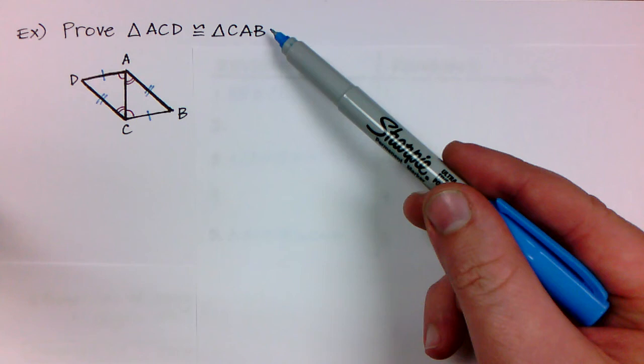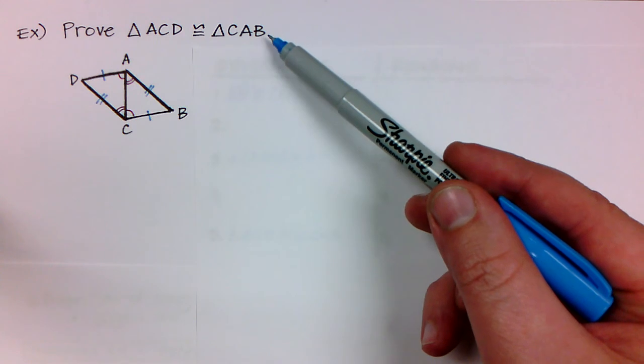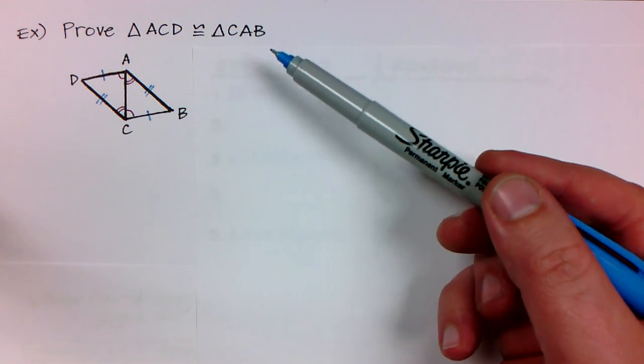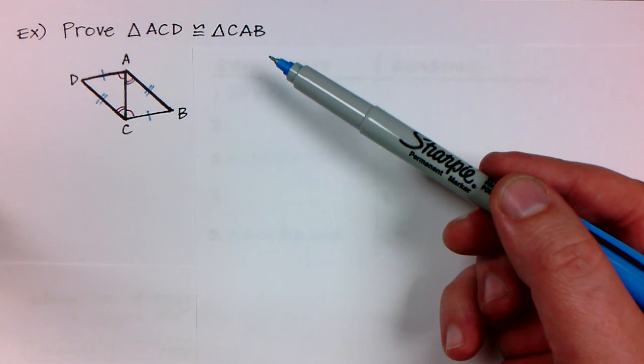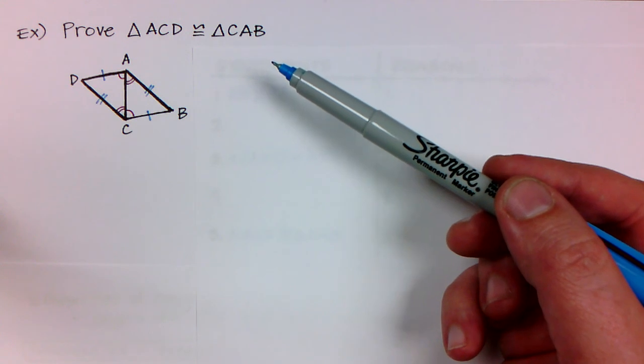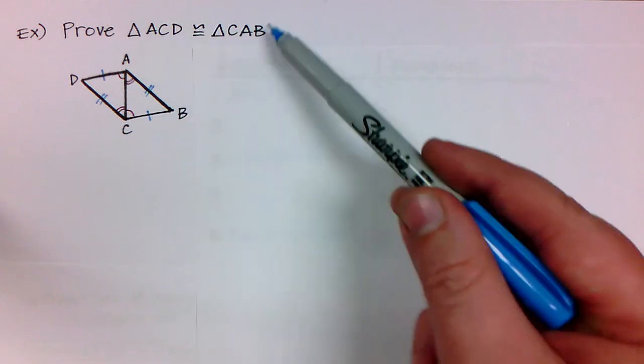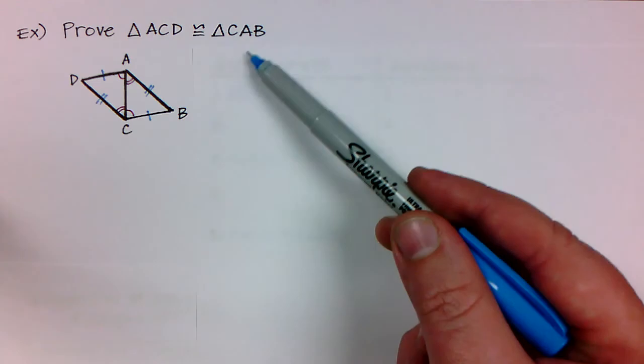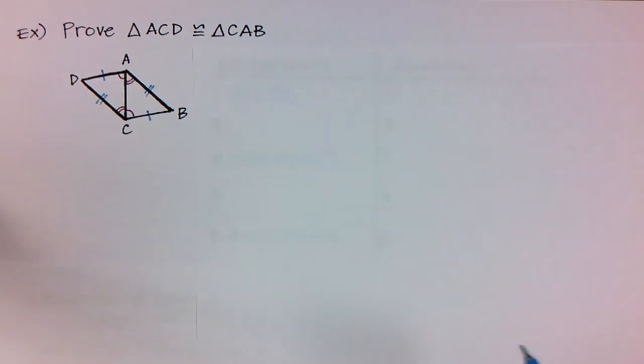That's the only information that I'm given to hopefully prove that this is true. So remember what we did before? We said if we can prove that all of the corresponding angles are congruent to one another and all of the corresponding sides are congruent to one another, then I can prove that this in fact is true. Okay, that's by the definition of congruent figures.